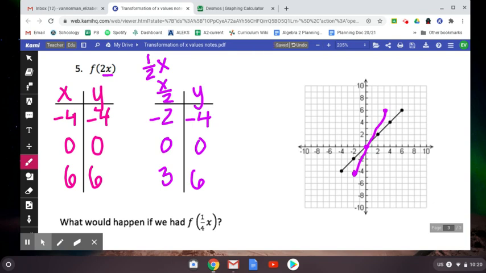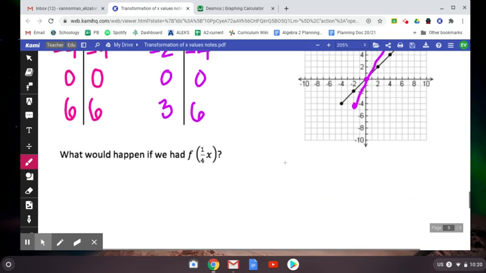And that's actually what happened. Imagine someone puts their hands on both sides of the line, on the right and the left, and they compress it, they push it together. This is what we call a horizontal compression. All of my values have become skinnier. Not taller, but skinnier. So that's what happens when you multiply by 2 on the inside. It's in the x direction. Compression, it's made smaller by 2.